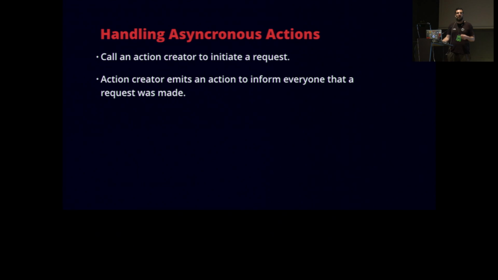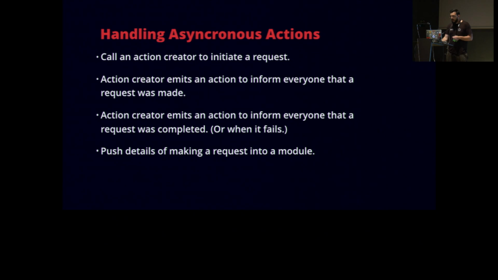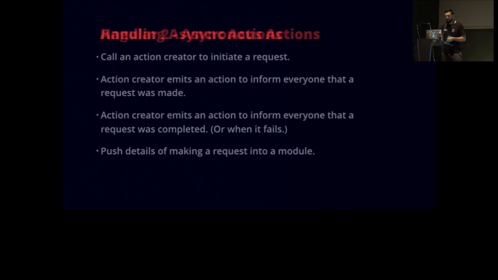This could be useful if you want a loading spinner or anything like that. Once the action completes, you then dispatch an action saying success or failed. You can also put the details of making the request into its own module. The idea here is that the final action dispatched to the store is the event that actually happened, not what you want to happen.